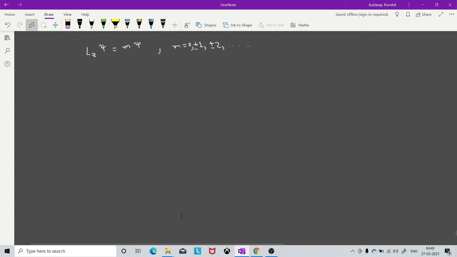Now let me come to the part which we have left, and that is the eigenfunctions of the L square operator.